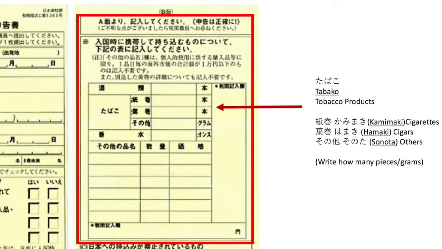It's a tobacco product, and there are 3 sections in tobacco: kamimaki, cigarettes, hamaki, cigars, and sonota, others. You have to write how many pieces for kamimaki and hamaki, and the grams for sonota. I don't know what you would bring, but yeah.